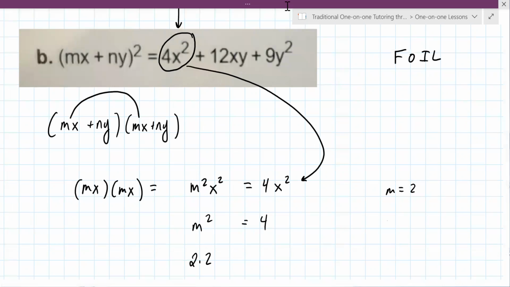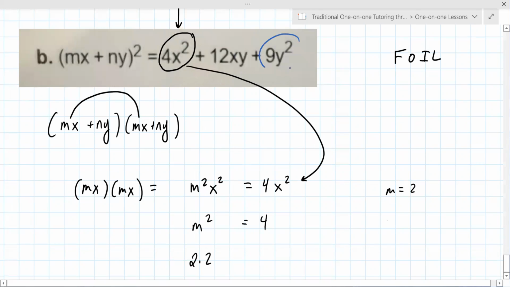Now it could be -2, but we'll see later on that it is not. Just like we did for the first term, you want to do for the last term. To get the last term, it's ny times ny.